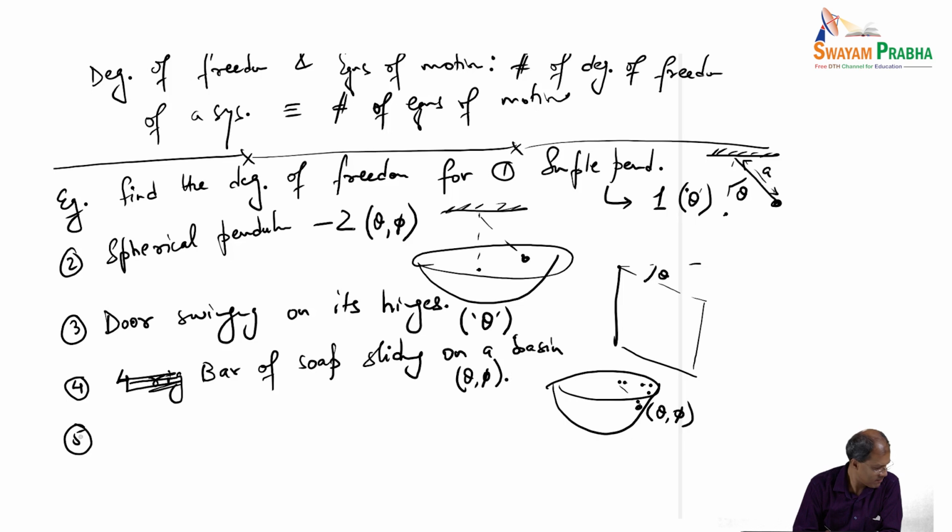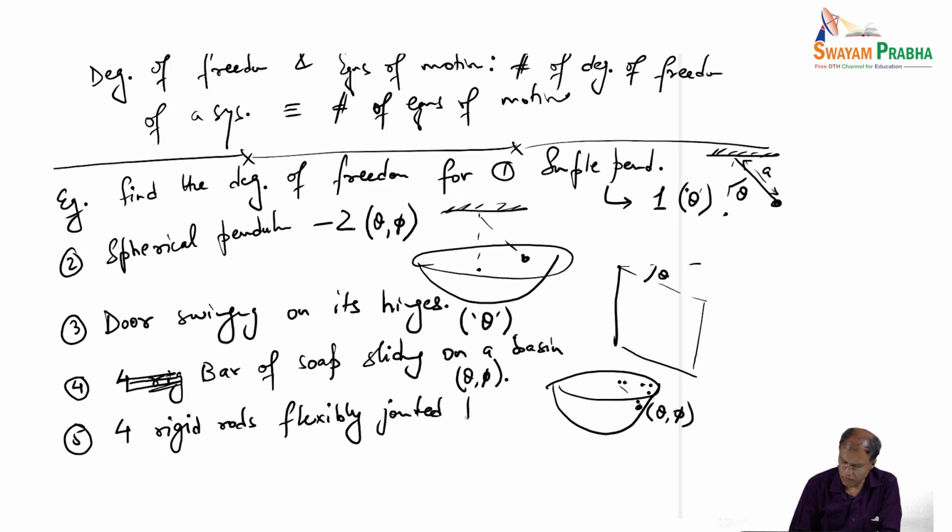And then we have four rigid rods flexibly jointed to form a quadrilateral.